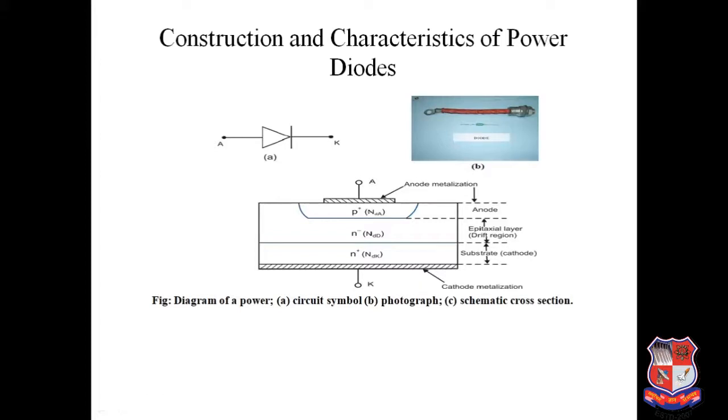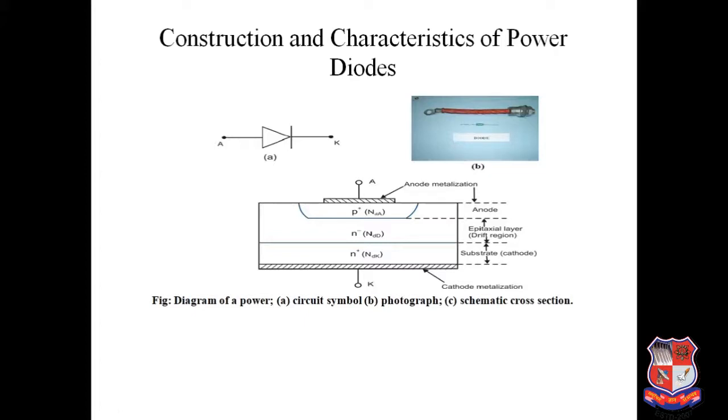Now the impurity atom density in the heavily doped cathode and anode are approximately of the same order of magnitude, 10 raised to 19, while that of the epitaxial layer is lower by several orders of magnitude, suppose 10 raised to 14.